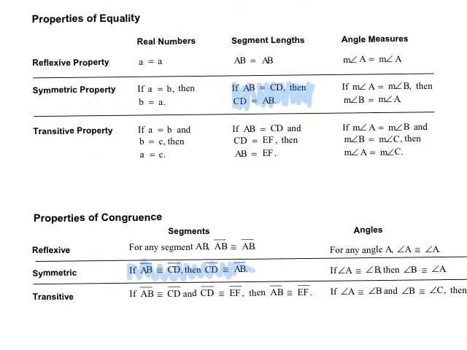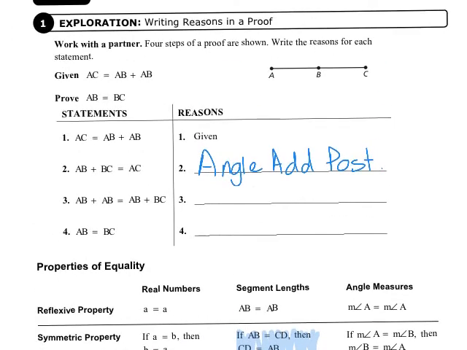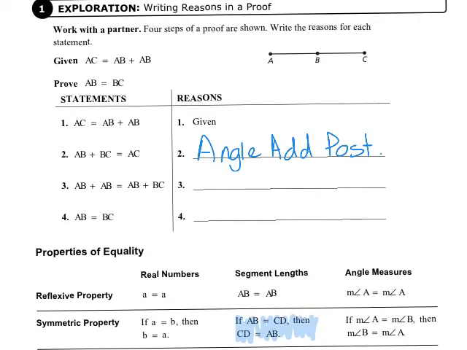If A equals B and B equals C, then A equals C, right? We said, okay, we knew that this was true, and we knew that this was true, so this must be true, right? If AC equals AB plus AB, and AC equals AB plus BC, then we know these two things have to be equal to each other, right?